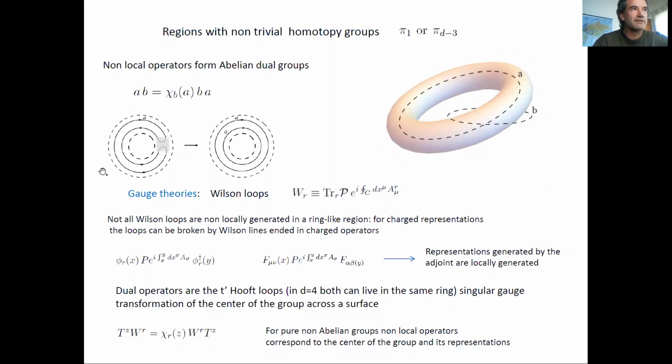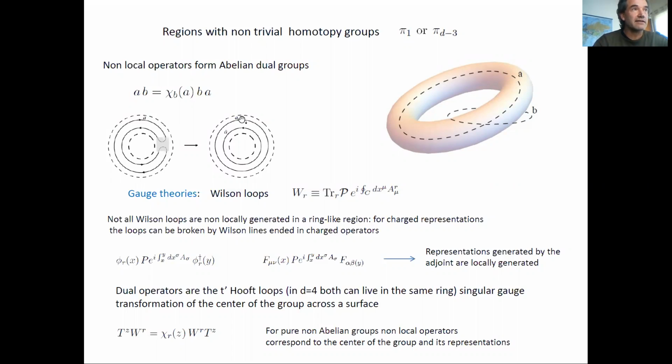The way that you see that it has to be Abelian is because inside your ring, you can produce this other kind of ring operator, but this, of course, is locally generated inside the ring. So it belongs to the trivial class, the class of the identity, but then you can fuse here using local operators and produce these two loop operators.